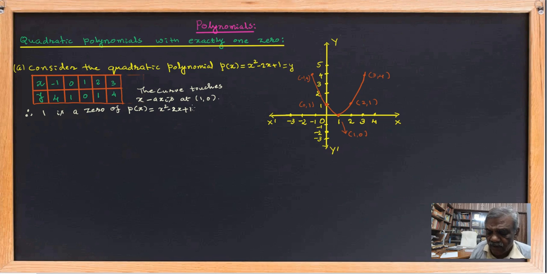As I have told, any quadratic polynomial has exactly two zeros. Then what about the other zero? But here there is no other zero other than 1, but 1 repeats twice here.